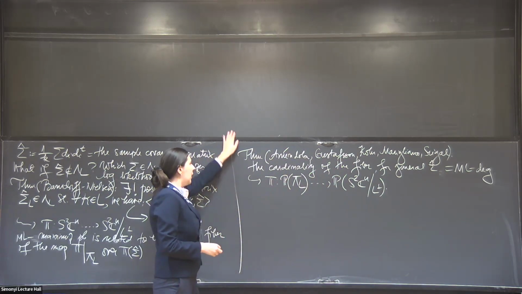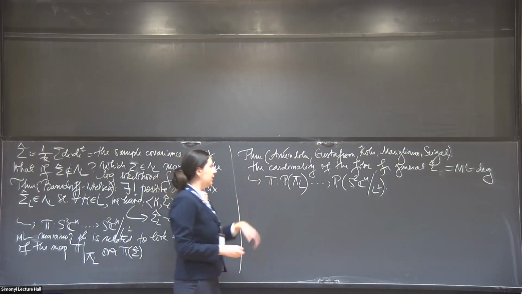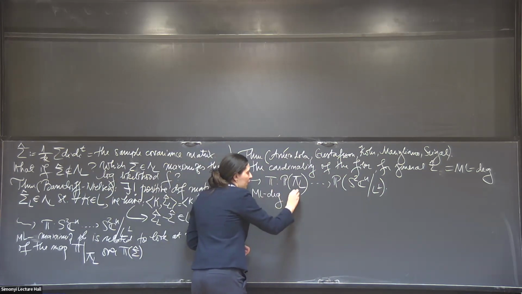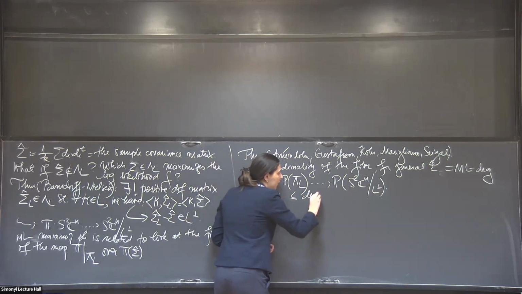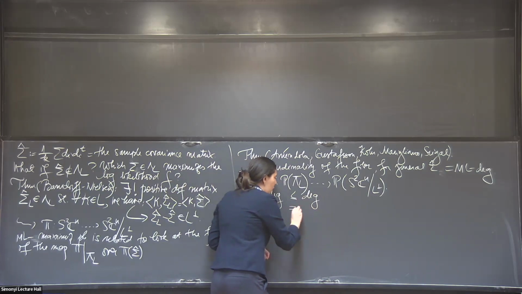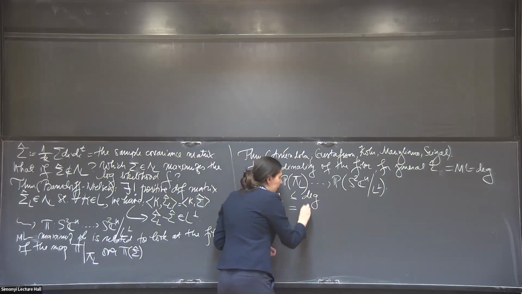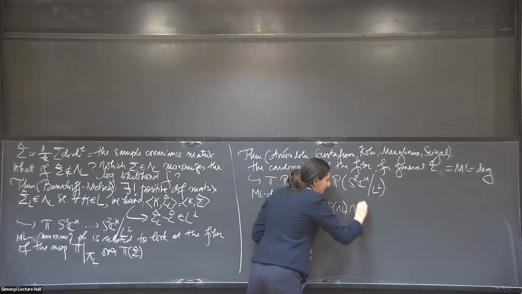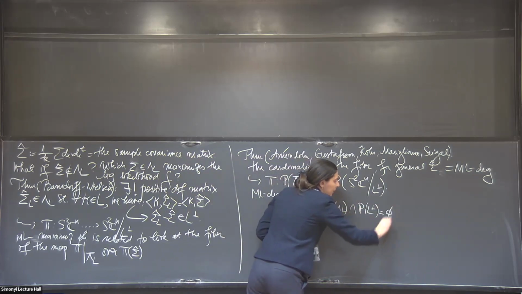What I would like to add here is the fact that the ML degree of a model is always upper bounded by the degree of the model. And equality holds when we have this intersection to be empty.